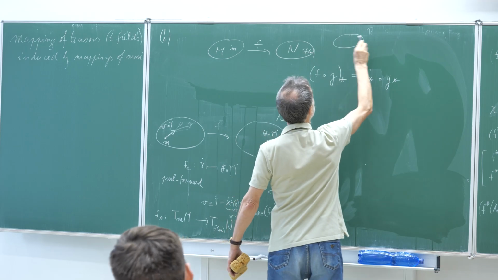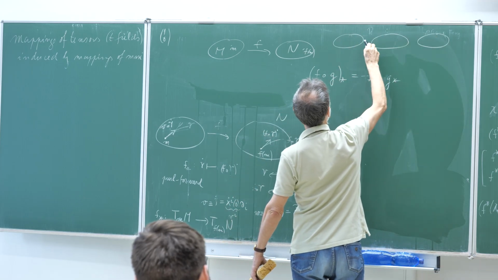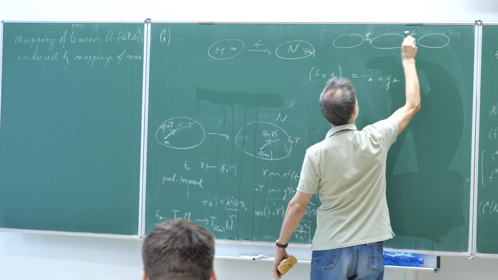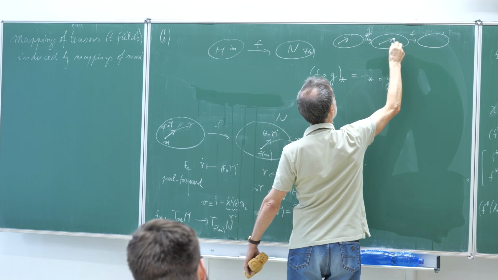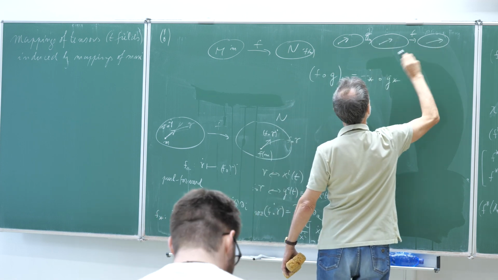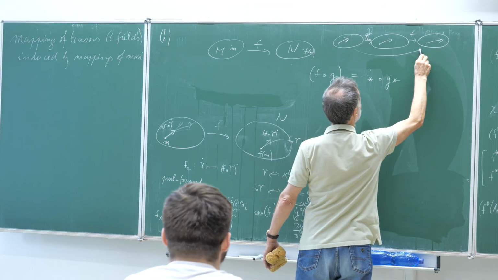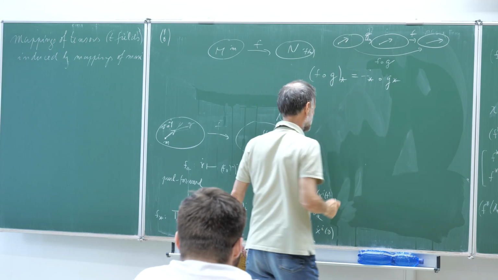What is it? Three manifolds: first G here and F here. So we have the first vector, the second vector, and the third vector. Here we have a mapping, this F∘G.